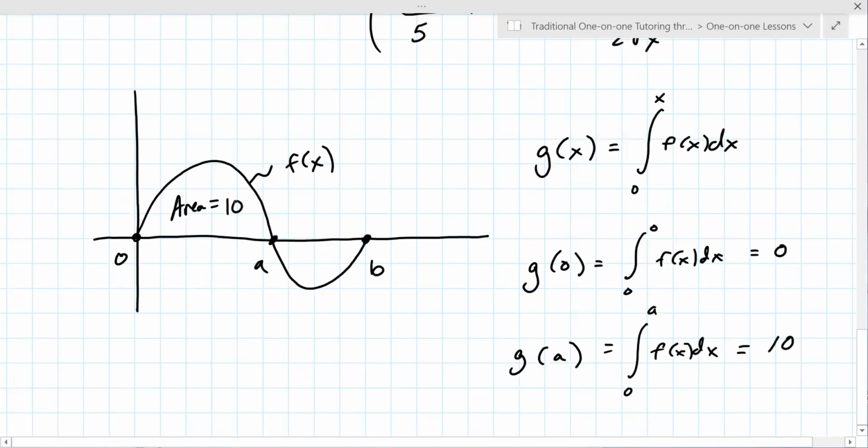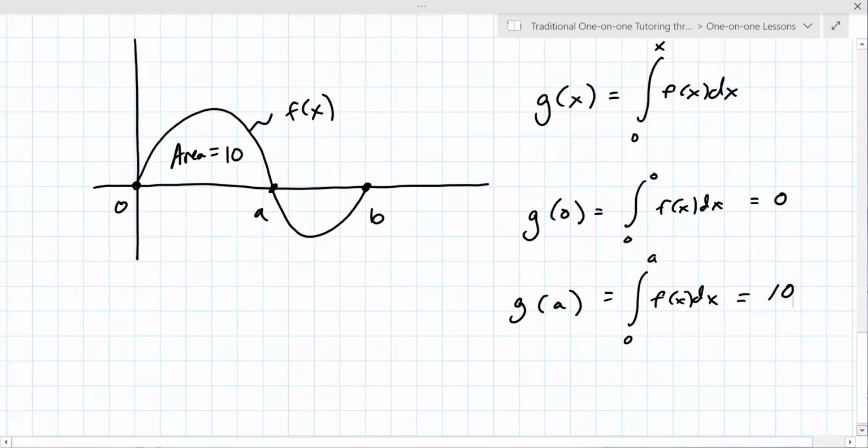Do they have to give you the area? Yeah, or you've got to be able to calculate it. Like maybe they say this is a semicircle, or some sort of a rectangle or triangle thing.